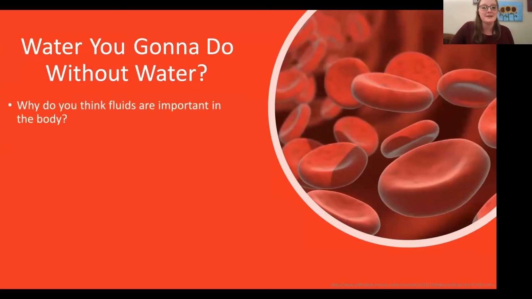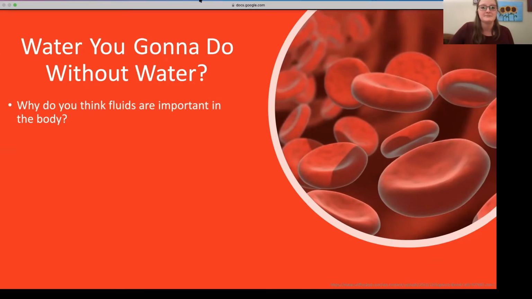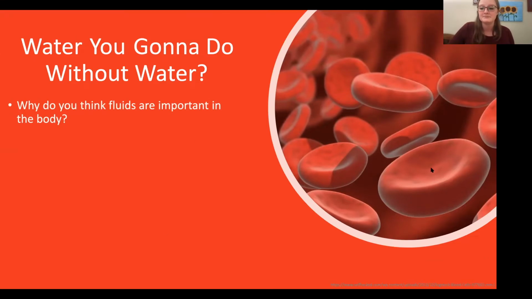Why do you think fluids are important in the body? What do you guys think? To keep you hydrated? Yes, to keep you hydrated. What else? To transport things, to provide energy.